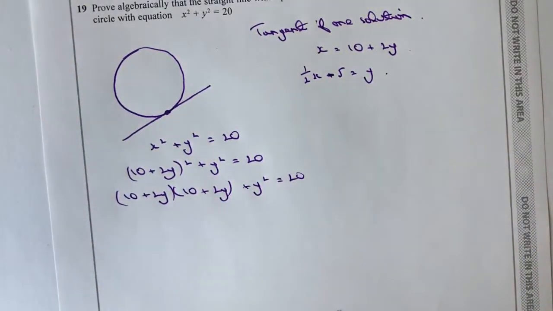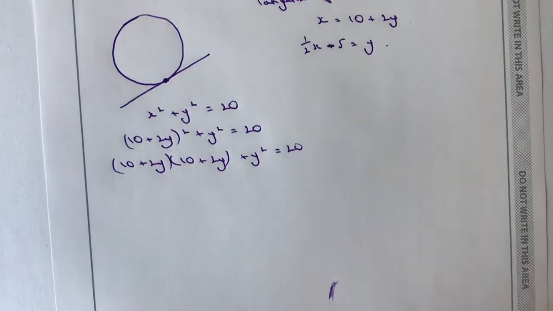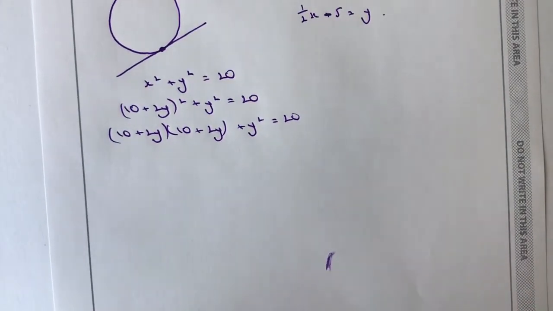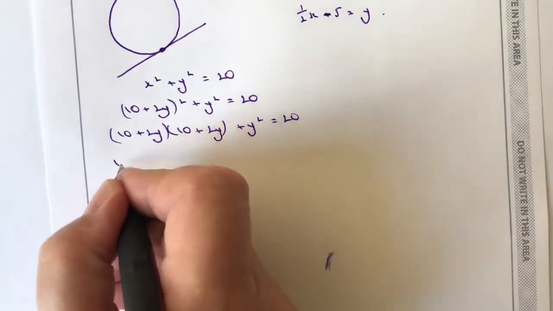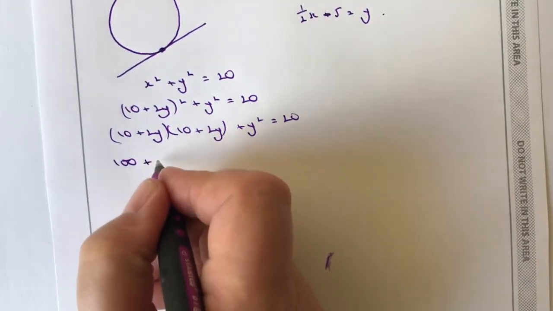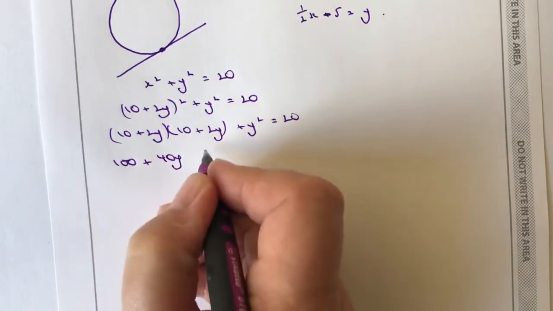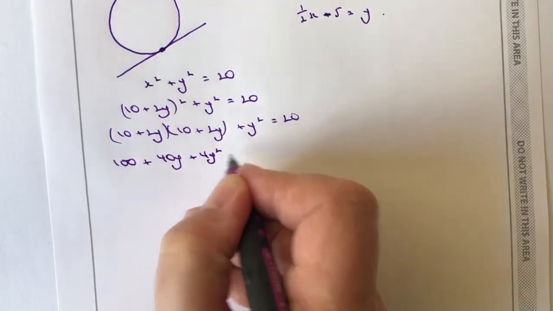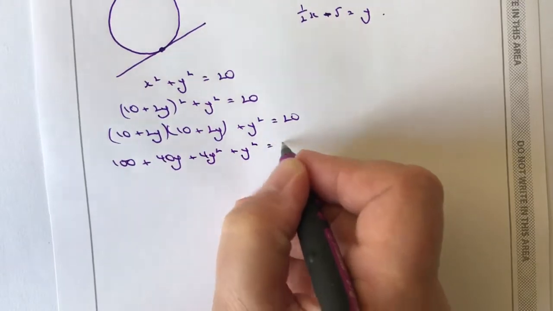Okay, if I multiply this out, I'm going to get 10 times 10 is 100, plus 20y plus 20y is plus 40y, plus 4y squared, plus y squared equals 20.